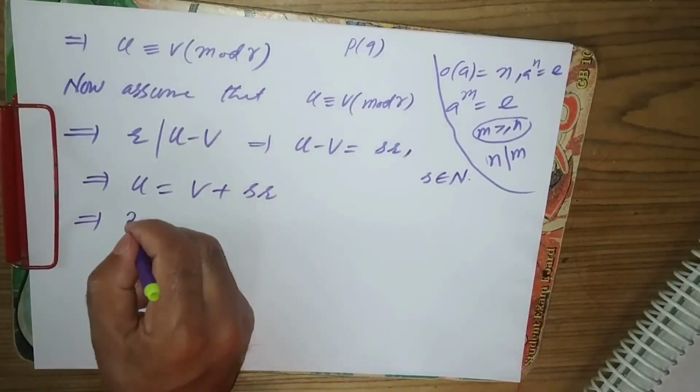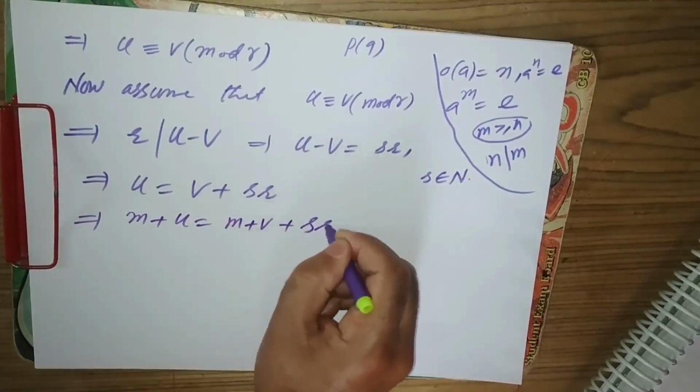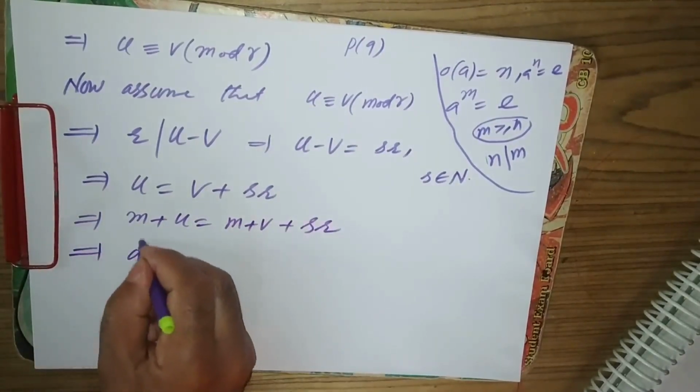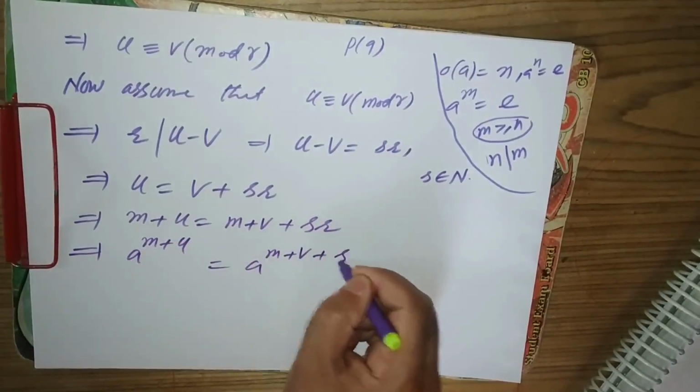Adding m on both sides, m plus u is equal to m plus v plus sr. Which implies A power m plus u is equal to A power m plus v plus sr.